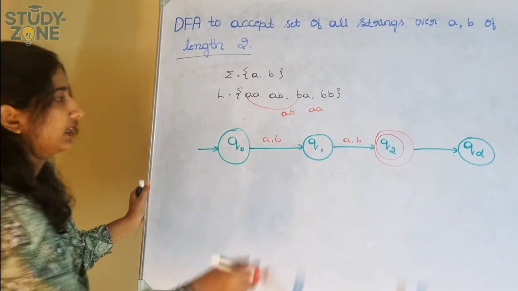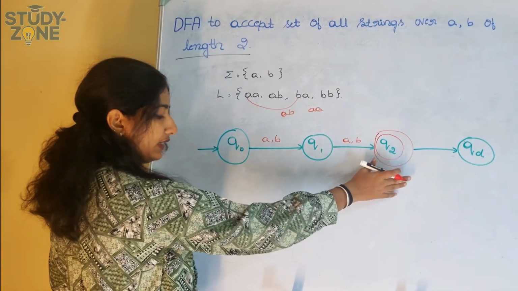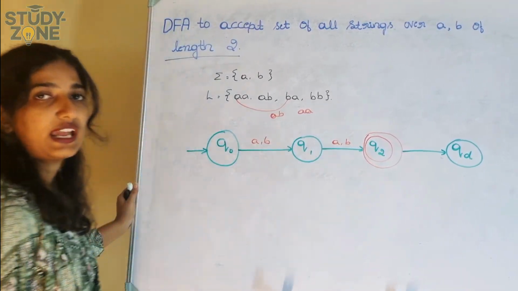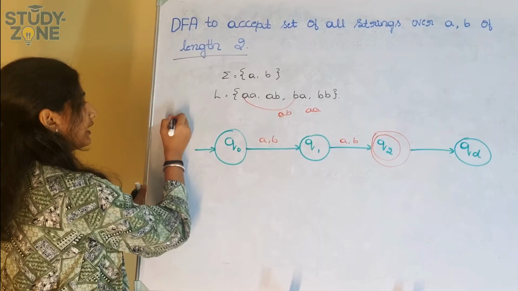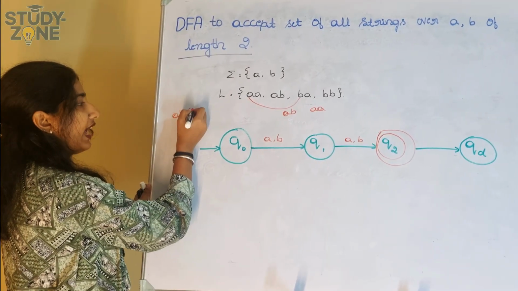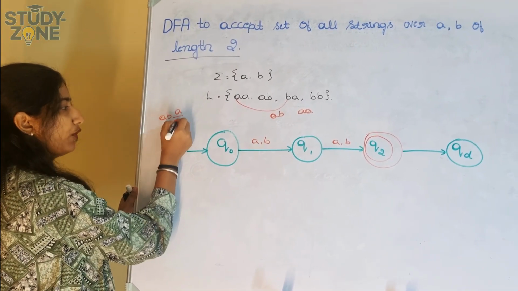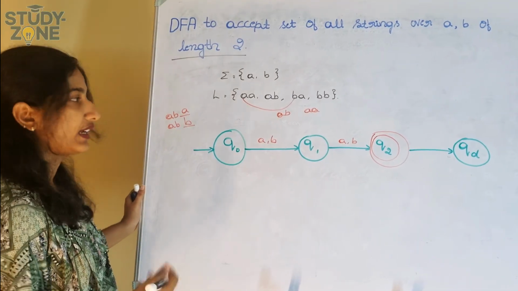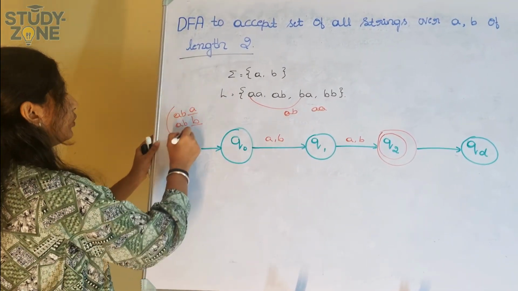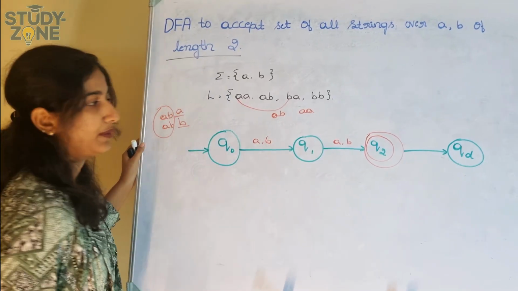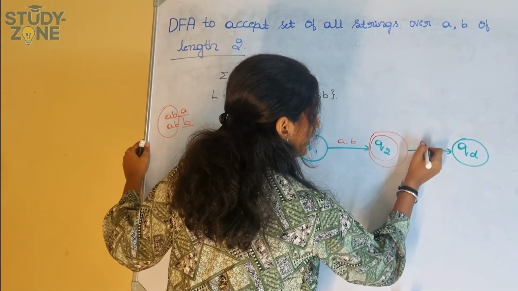So here A, B is done. So in this state, if I read again A or B, so let's take A, B is done. Now if I have A or if I have B, I should move to the dead state, because I need only 2 elements. If there are more than 2 elements, I should move to the dead state.